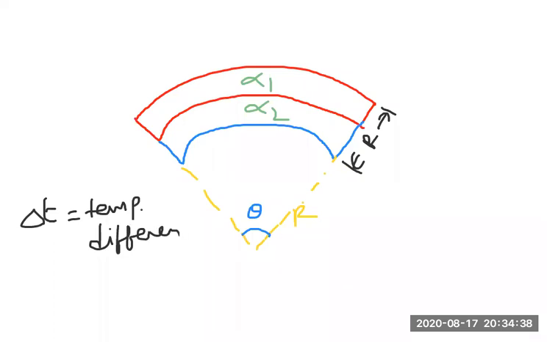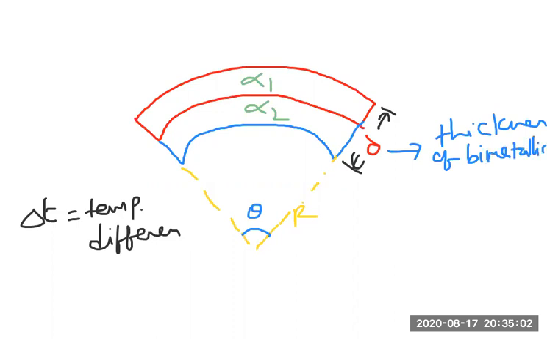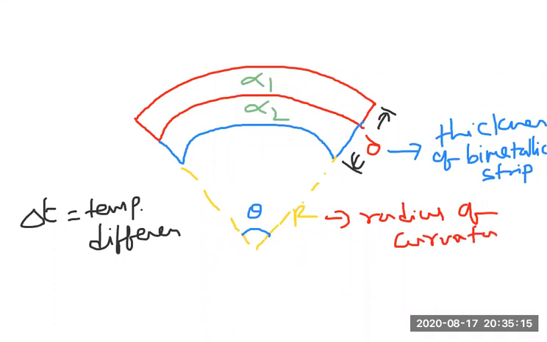This one is not R, this one is D. D is called the thickness of the bimetallic strip, and R is called the radius of curvature, for any shape like this with curvature.